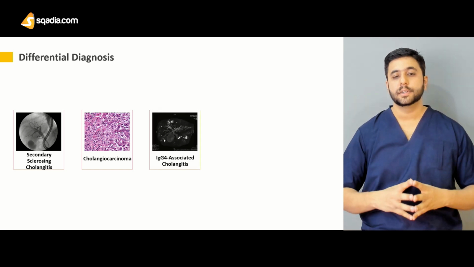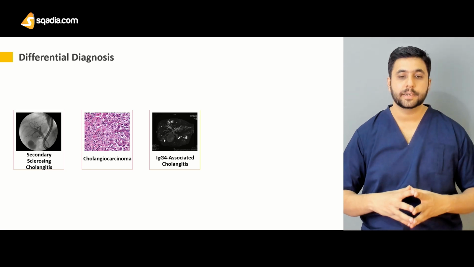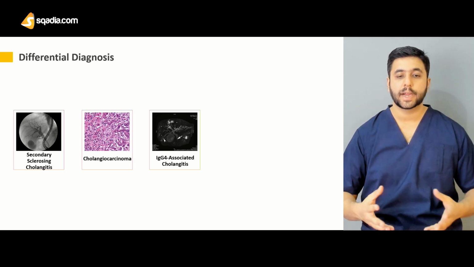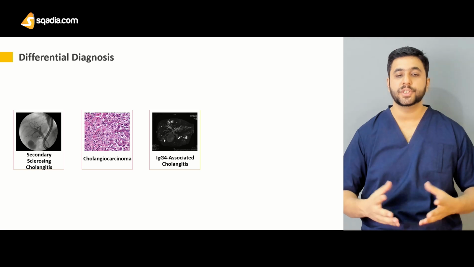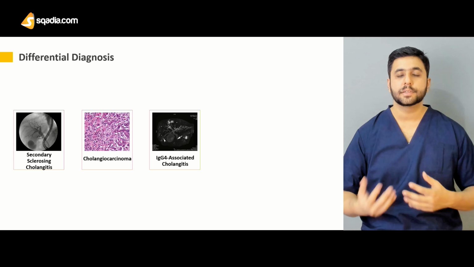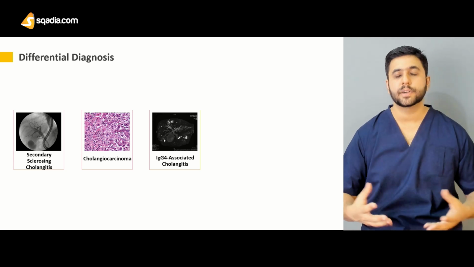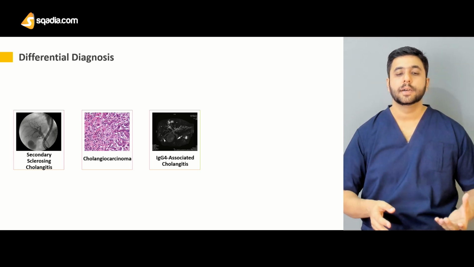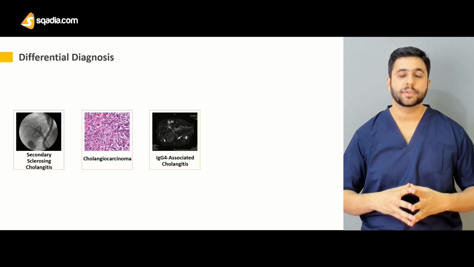Similarly, one newer disease that has been described for the biliary system is IgG4 associated cholangitis. What happens in this is there is a certain immunological disorder, a trigger of the immune system, that leads to cholangitis or inflammation of the biliary tract.